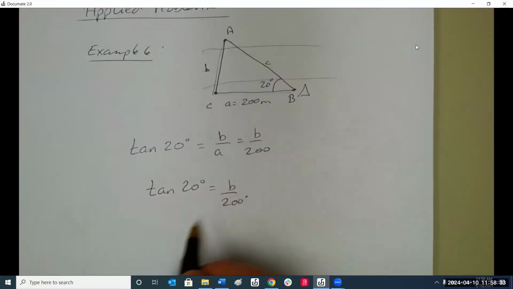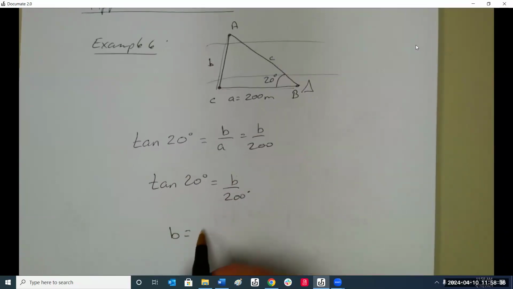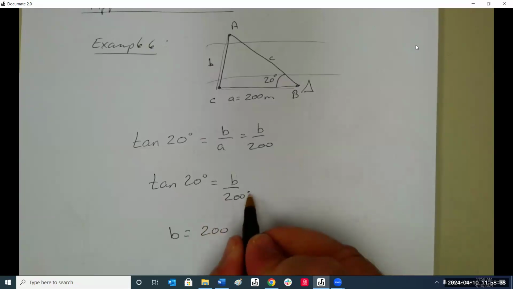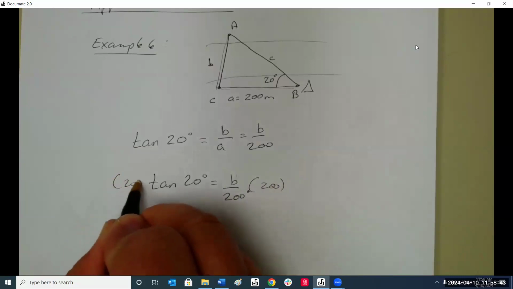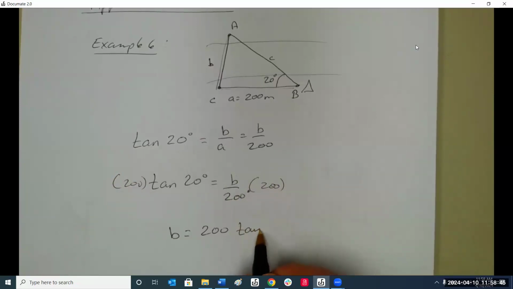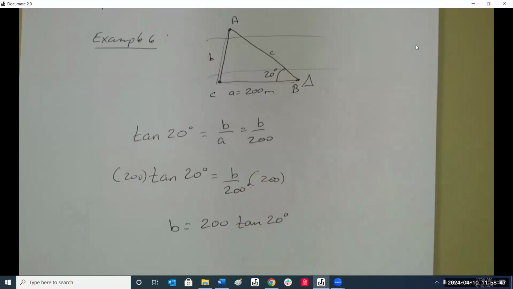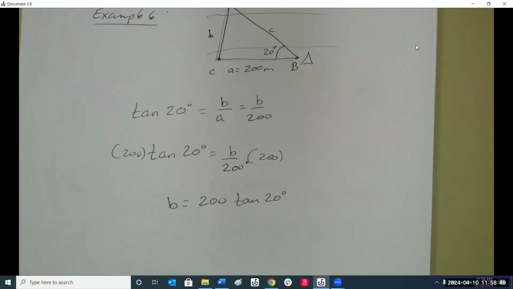So the width of the river, multiply 200 to both sides. Get your calculators out. What we're going to get is sine of 20 over cosine of 20, but use calculators here. It'll save you a bunch of time.